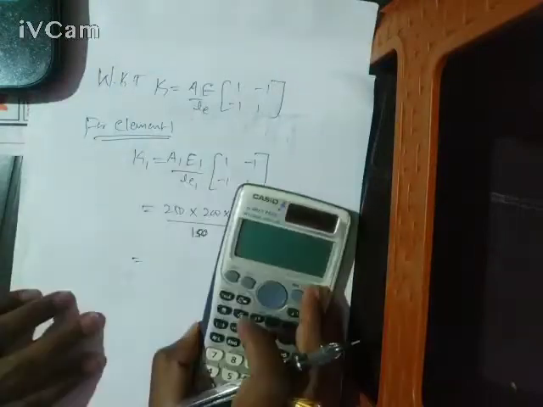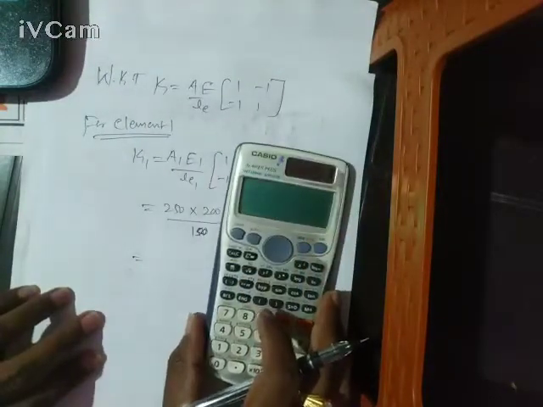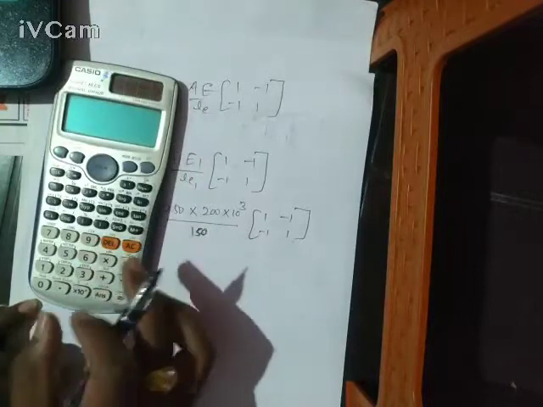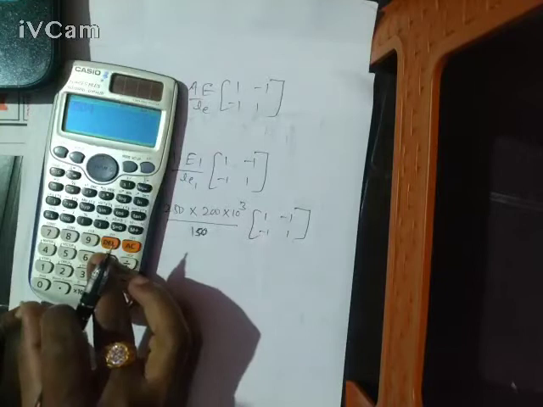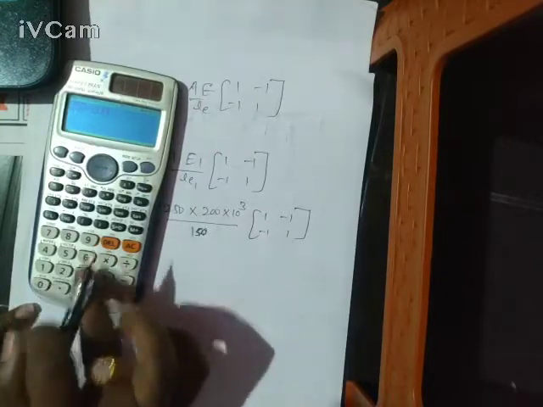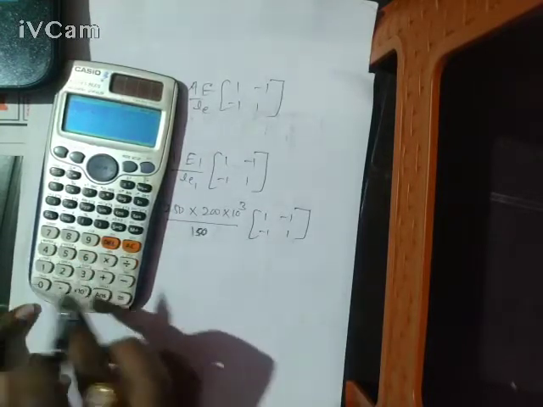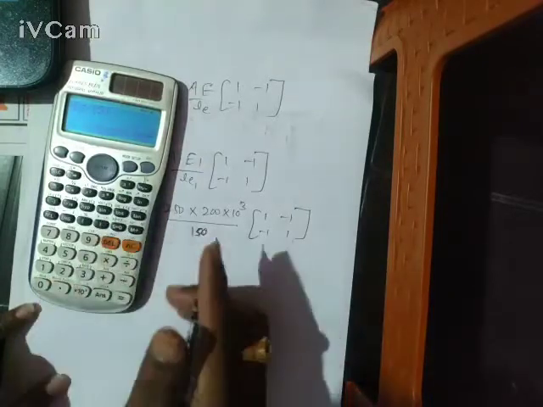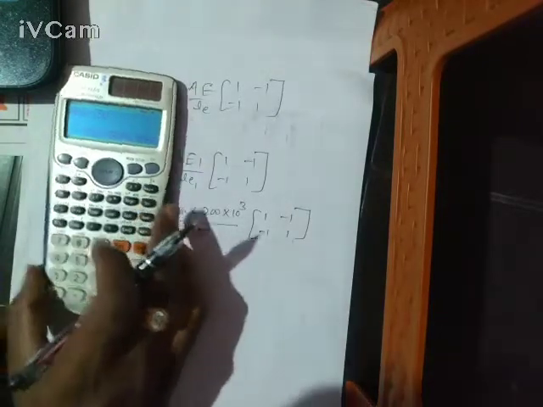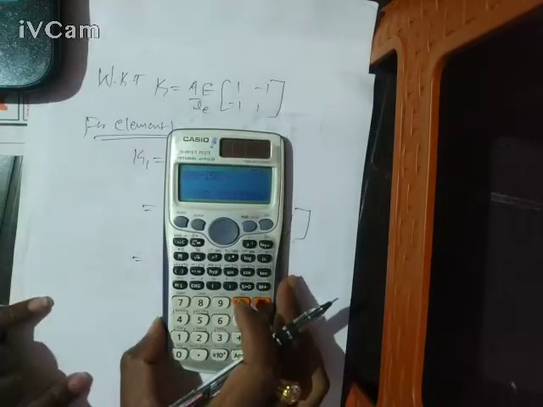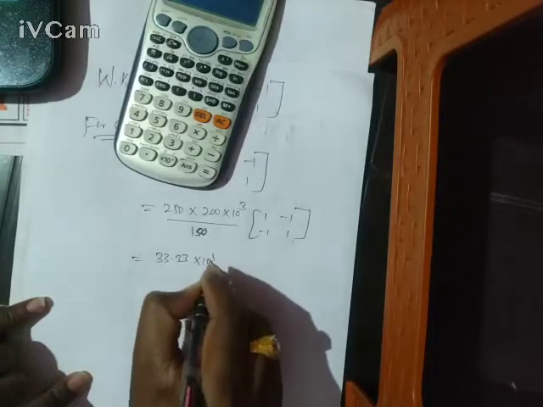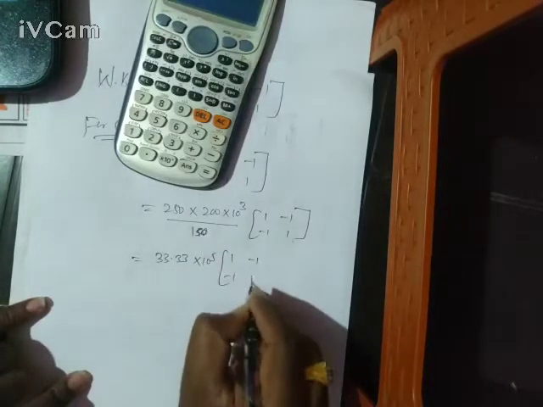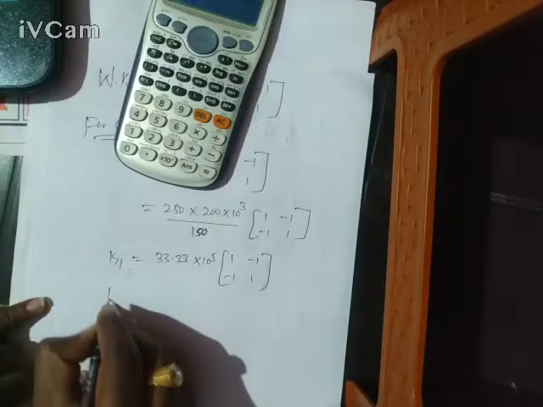Let us simplify this and cross check how much we will be getting. 250 into 200 into 10 to the power 3 divided by 150. I am getting 33.33 into 10 to the power 5.